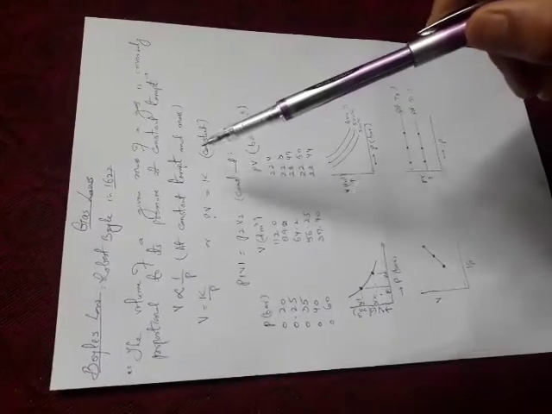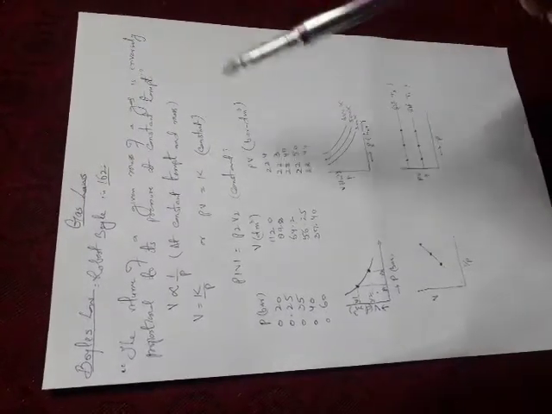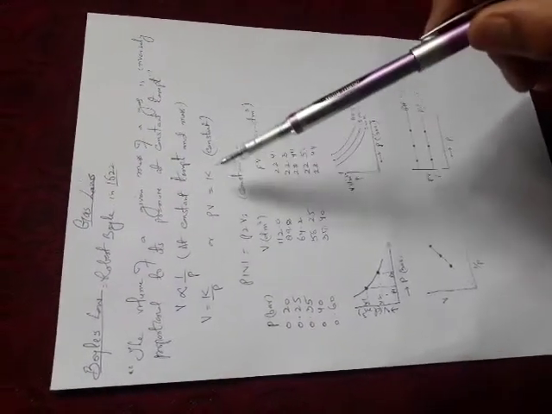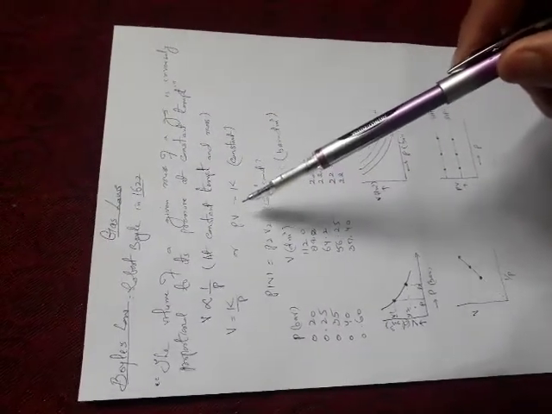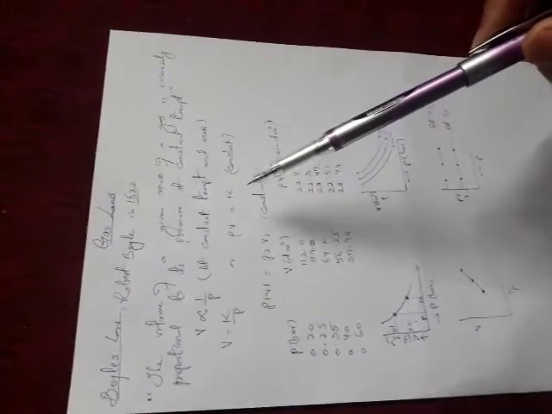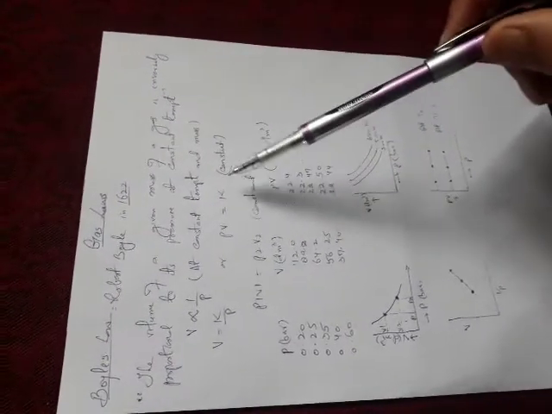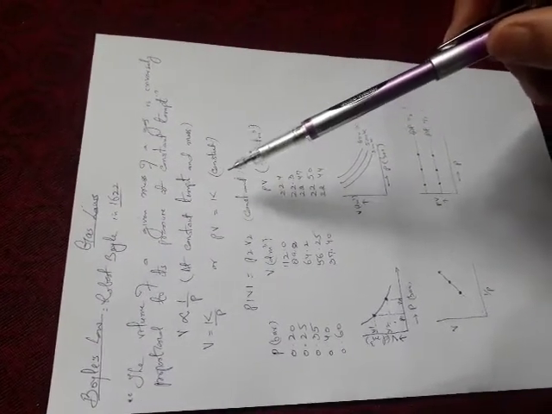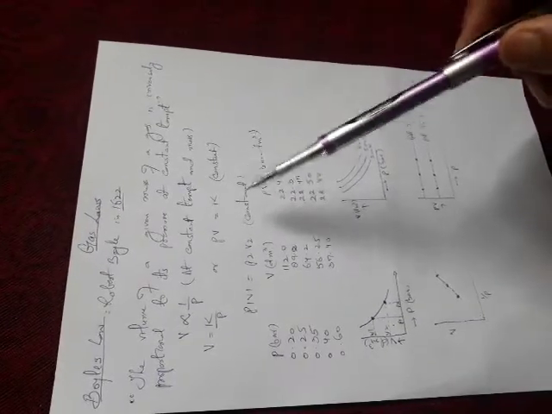V is the volume of the gas, and P is the pressure. This proportionality constant K depends upon the mass and the temperature of the gas.